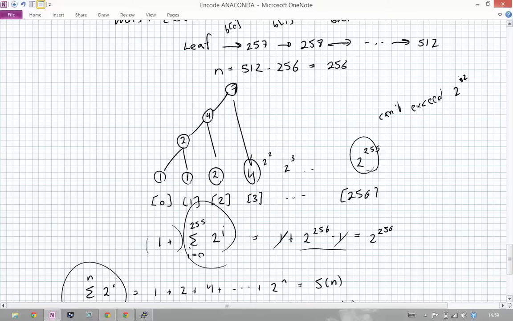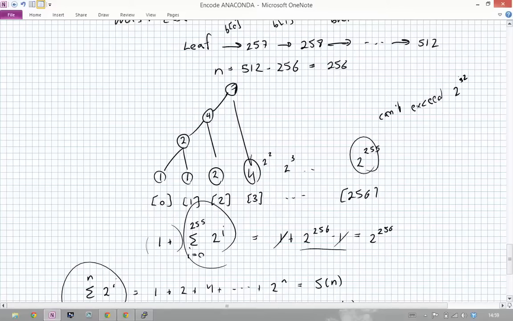Anybody? So at most we could have a frequency of 2 to the 31, so then we need 32 bits. Yeah, I mean, you probably need less than that, because when you sum up all these guys, you've got 257, which is roughly 2 to the 8th.